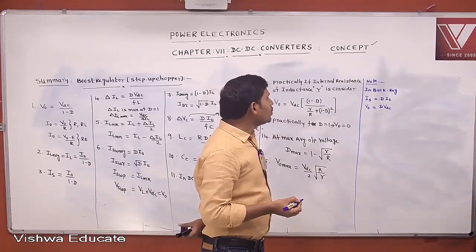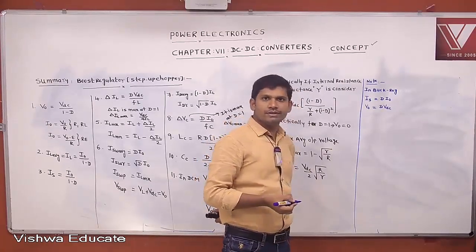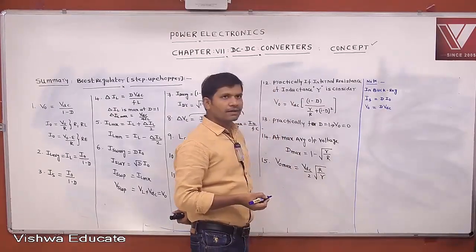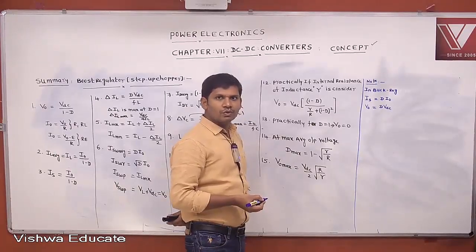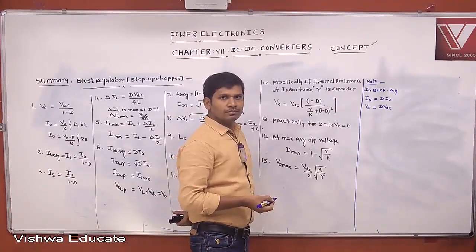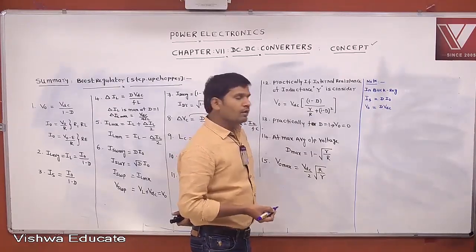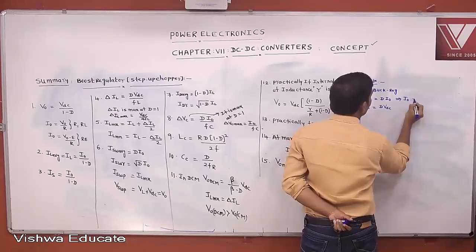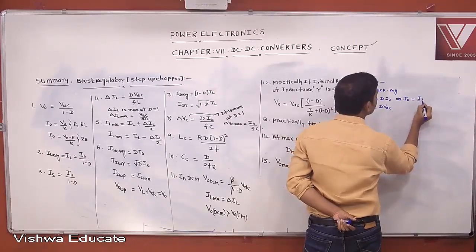That is the average source current that you derived. That means I naught equals Is by d.